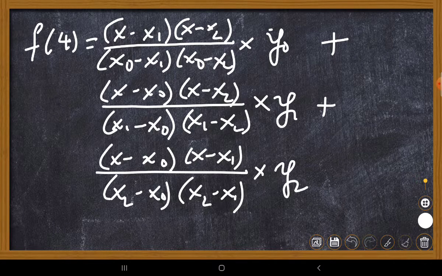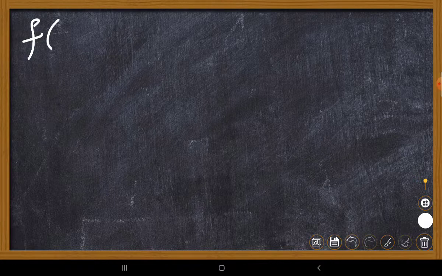Okay, so here you just directly substitute these values. All these values are already available from the question, so you only have to substitute in this formula. So therefore f4 will be equal to what?